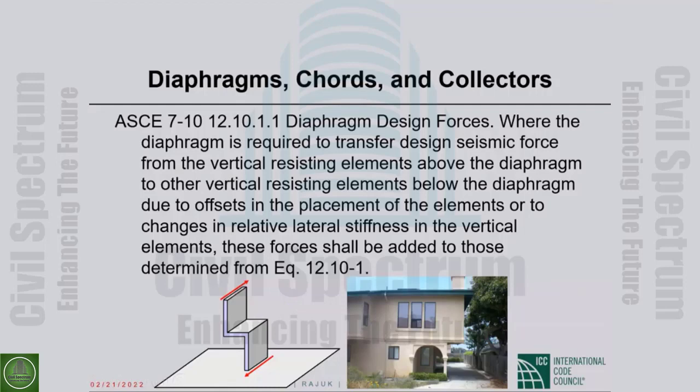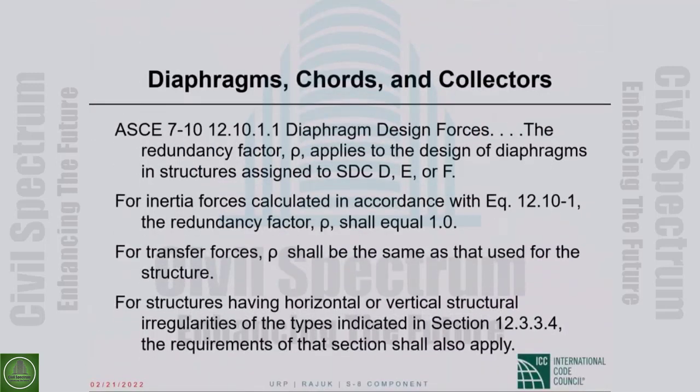Okay, so where the diaphragm is required to transfer design seismic force from the vertical resisting elements above the diaphragm to other vertical resisting elements below the diaphragm, due to offsets in the placement of the elements or to changes in relative lateral stiffness in the vertical elements, these forces shall be added to the inertia forces. I mentioned to you already, when it comes to the inertia forces, the redundancy factor is equal to 1.